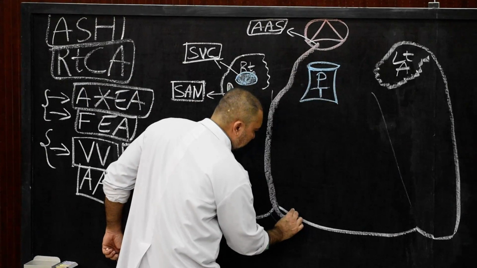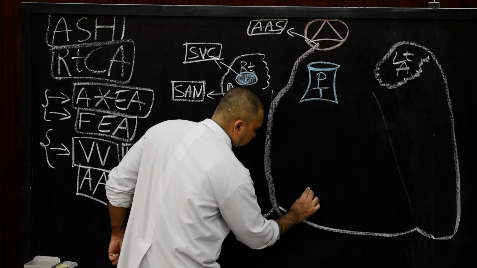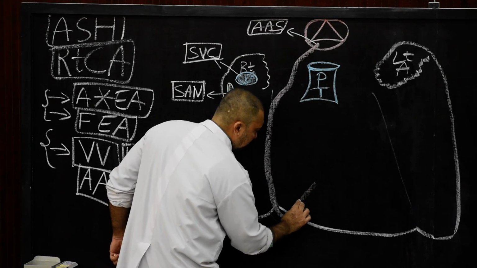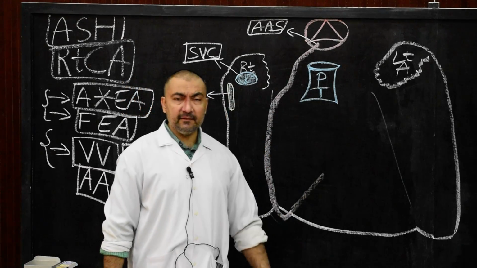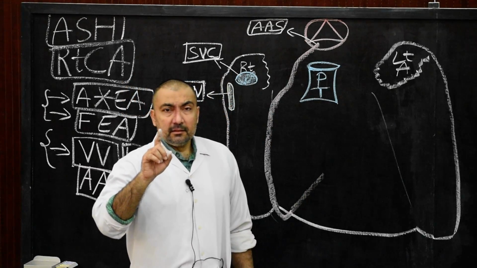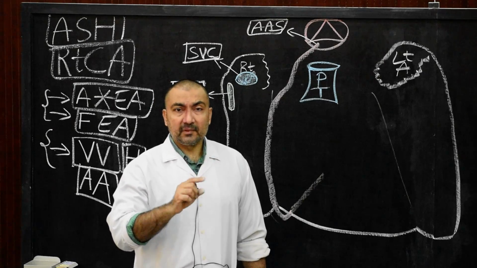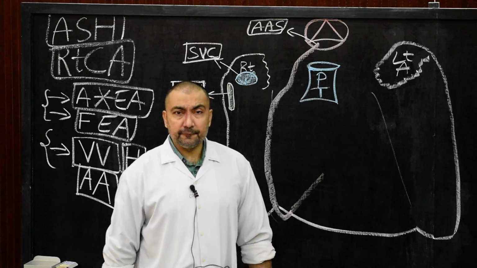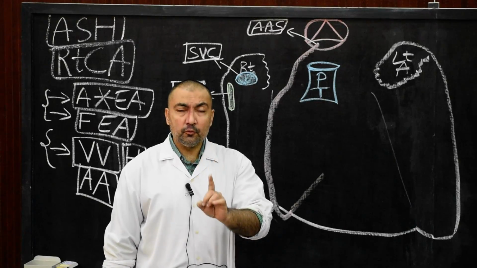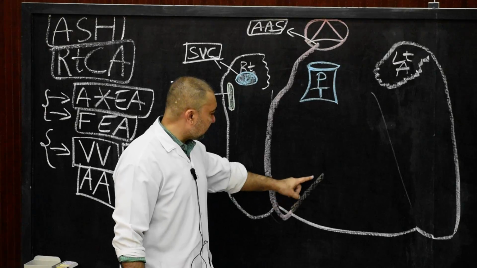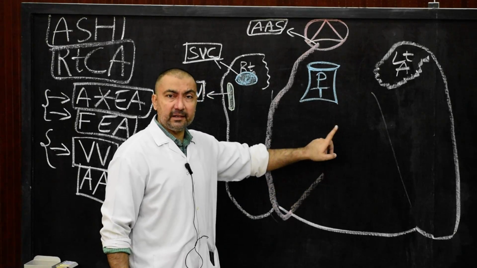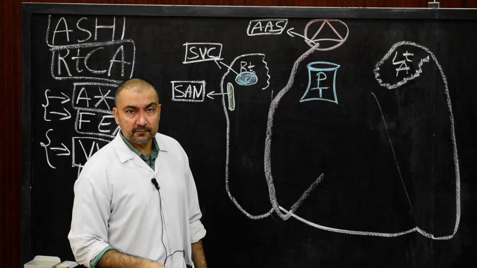From the inferior border, it will come posteriorly and travel in the posterior part of the atrioventricular groove.